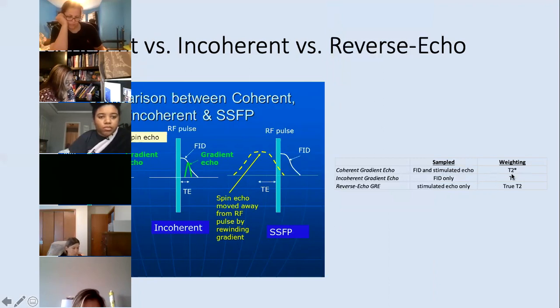If you want a T1 weighted image, you're only going to sample the free induction decay, and it's called an incoherent or spoiled gradient echo. And then if you want truer, I put a little R here. It's not true T2 like a spin echo. Truer T2 weighted compared to this, you're only going to sample the stimulated echo, and that's called a reverse echo.